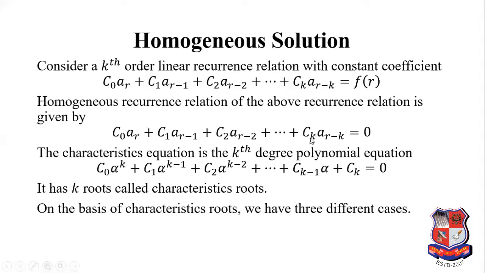Now, to find the solution of that homogeneous recurrence relation, we need to replace the terms a(r-1), a(r-2) and so on by a scalar, that is, alpha. So the characteristic equation, if we substitute that in this recurrence relation, will be a polynomial of degree k, as this recurrence relation is of order k.